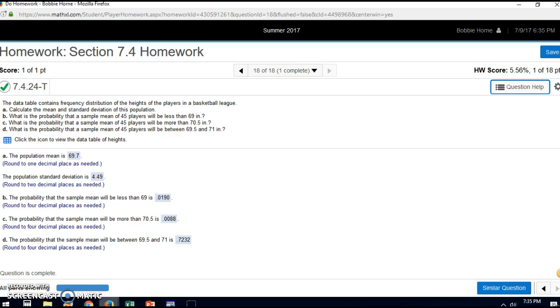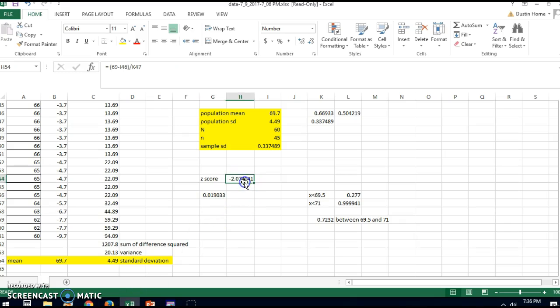Okay. Now for the next one, it's a little bit tricky because the number we're calculating is going to give us up to 70.5. So this time all we have to do is change 69 and put 70.5 in there. So our z-score is 2.37, and it automatically changed because it's whatever number I have here.